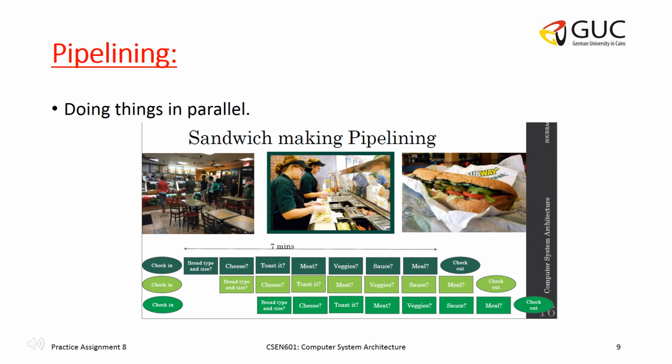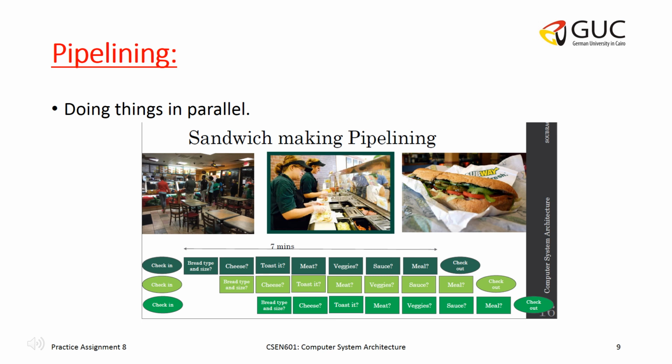So they did a nice solution, which is having a guy on each of these stages, and customers go from one stage to another. So the first guy is on the bread, so the rest are waiting, and then this guy moves to choosing the cheese. The second guy will go and choose the bread, and so on, as we see here.